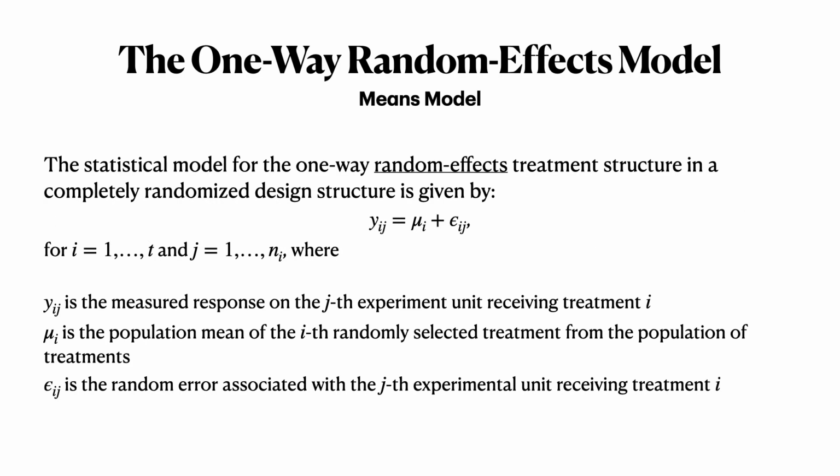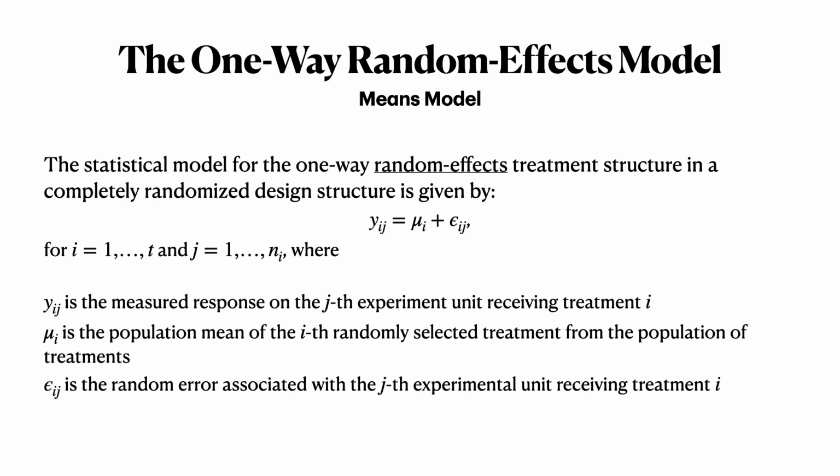Now let's introduce the one-way random effects model. The statistical model for the one-way random effects treatment structure in a completely randomized design structure is given by y sub ij equals mu sub i plus epsilon sub ij, where i goes from 1 to t and j goes from 1 to n sub i.